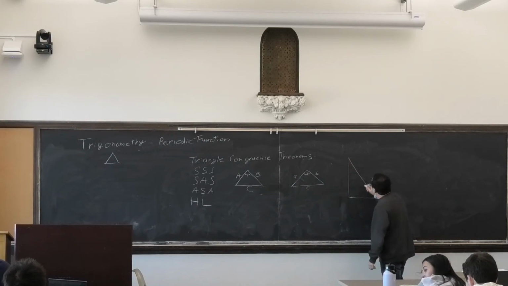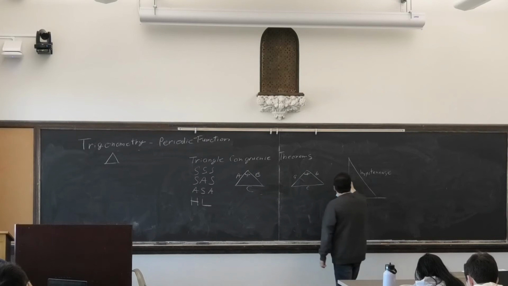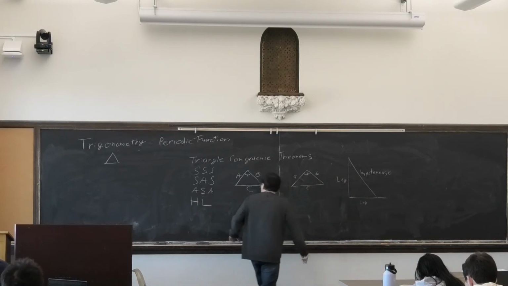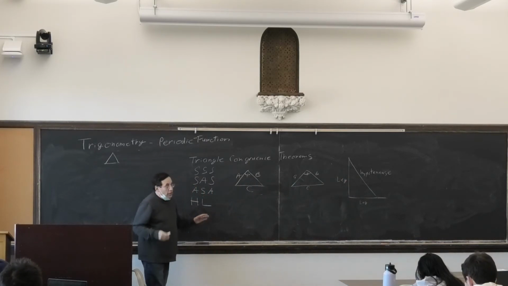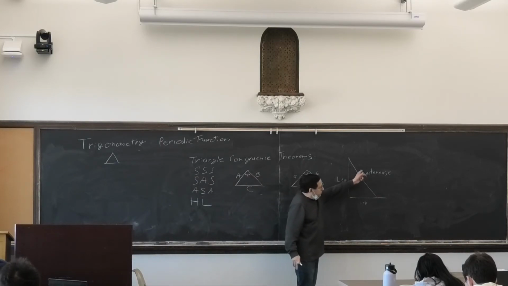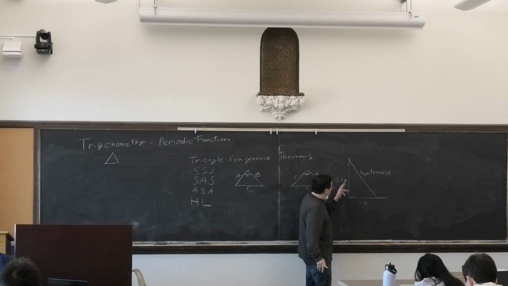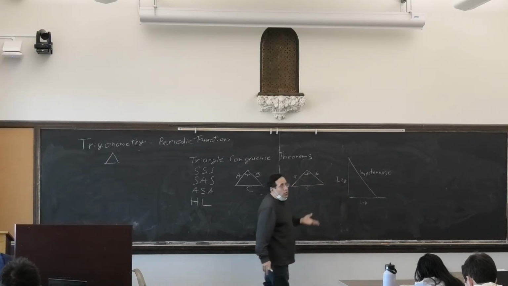In a right triangle, the longer side is the hypotenuse, and the shorter sides are called legs. So hypotenuse leg says if you have two right triangles, their hypotenuses are equal, and one of the legs is the same, and they're also congruent.